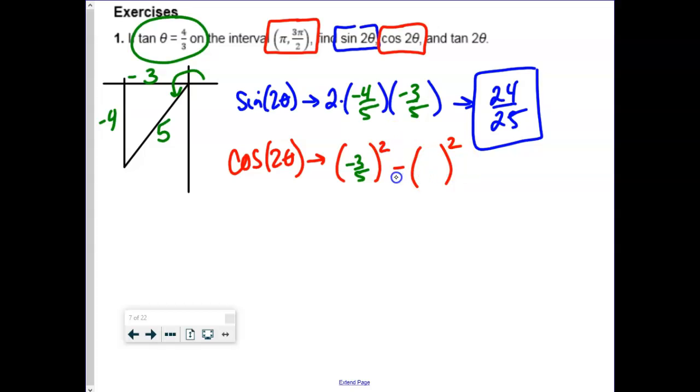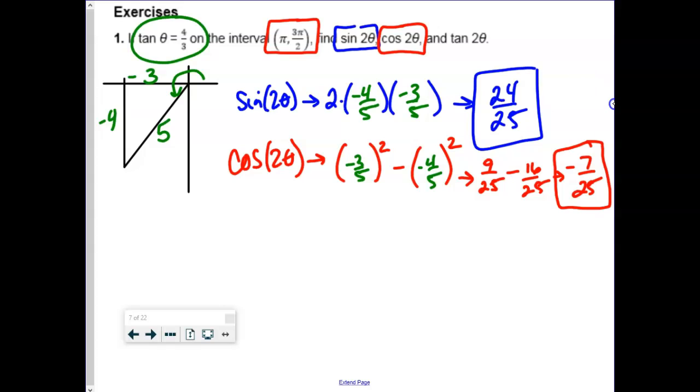This subtraction sign does not get squared, so keep that there. And then we're going to square the sine ratio, which is negative 4 over 5. So this ends up being 9/25 subtract 16 over 25, and we end up with a negative 7 over 25. Now, does that make sense for what quadrant we'd be landing in? Yes. The cosine is negative in quadrant 2. Yeah, makes sense.